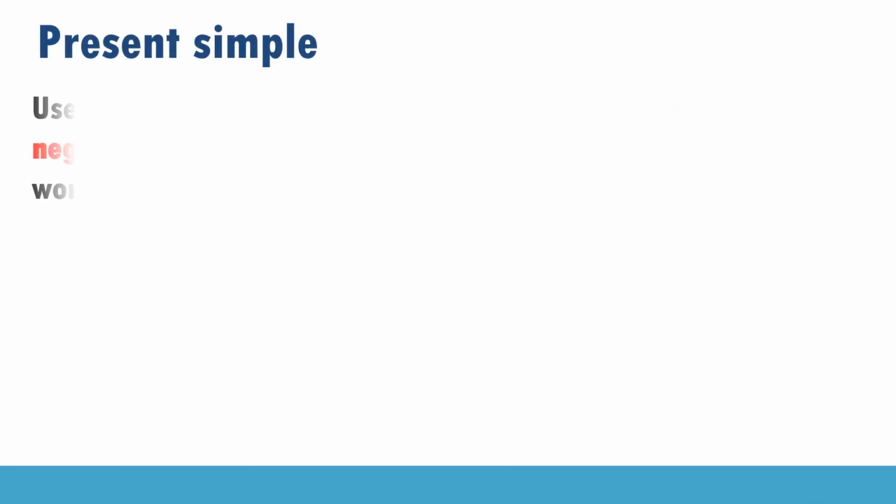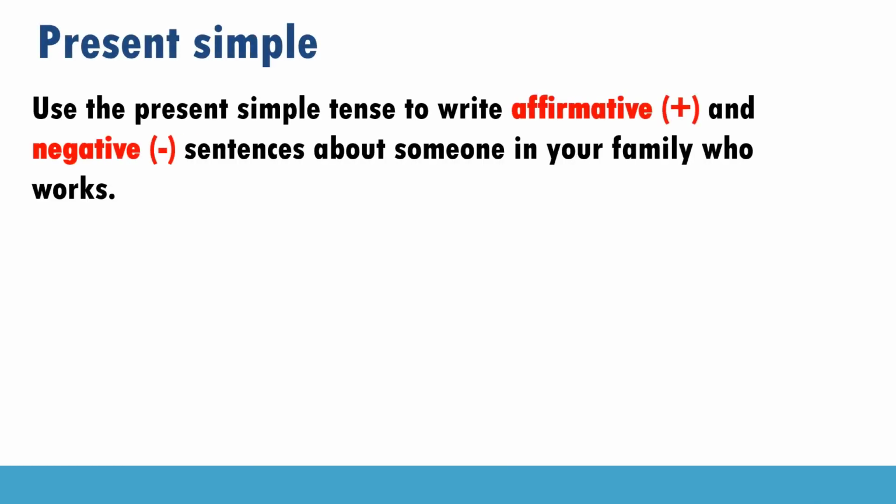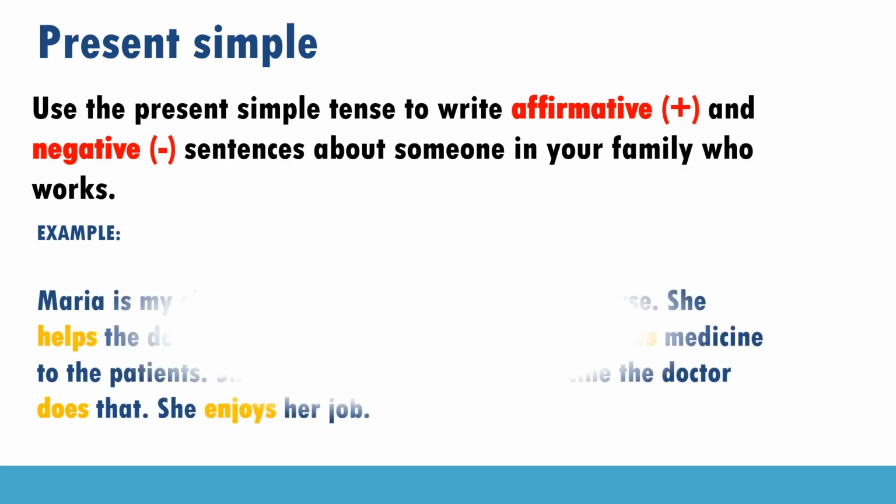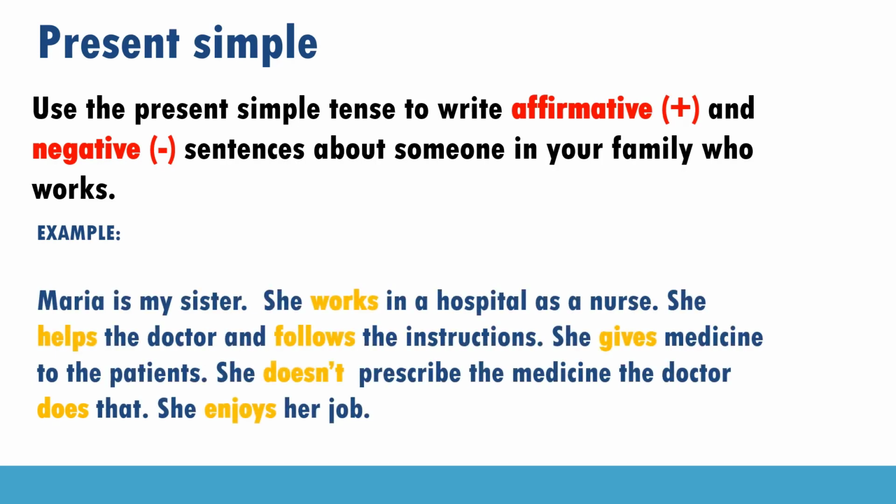So a little bit of homework for you. Use the present simple tense to write positive sentences and negative sentences about someone in your family who works. Tell us what job they do. Tell us where they work.